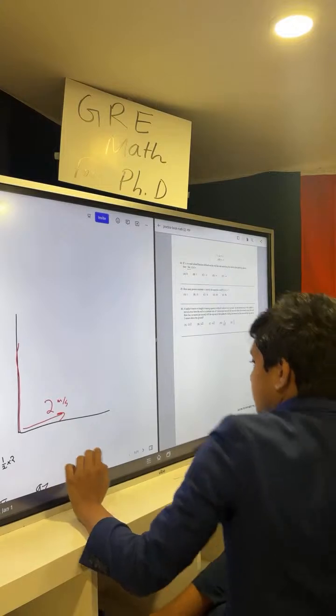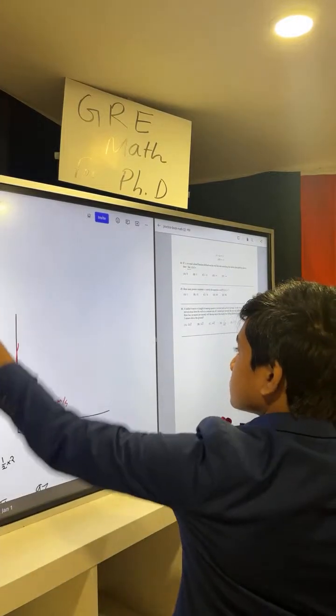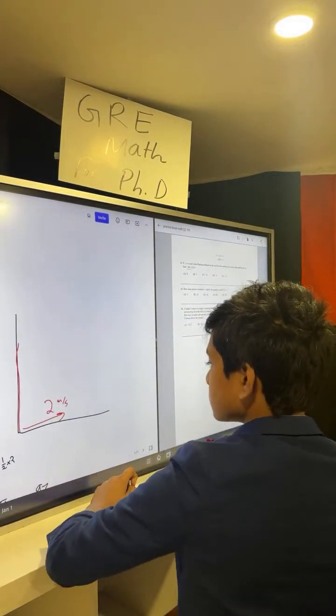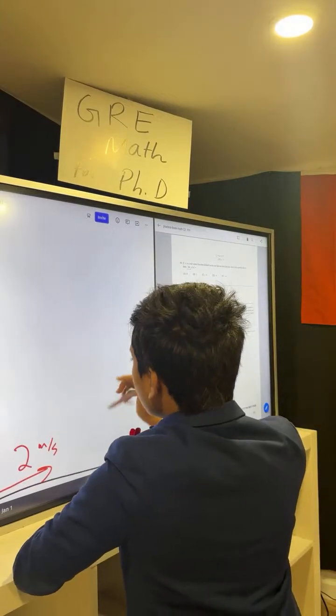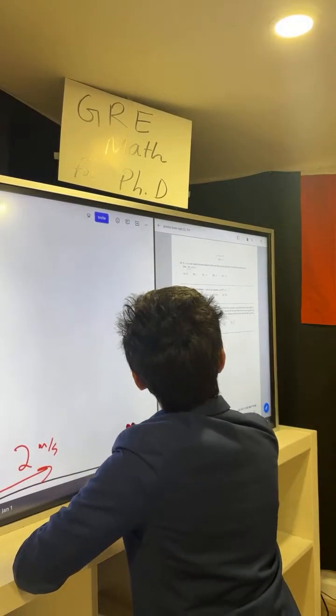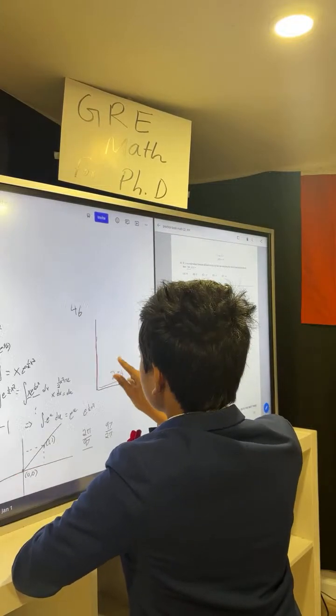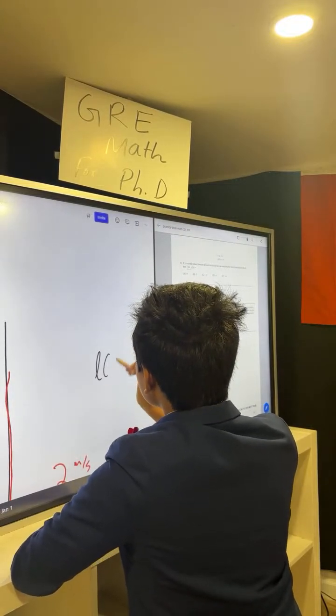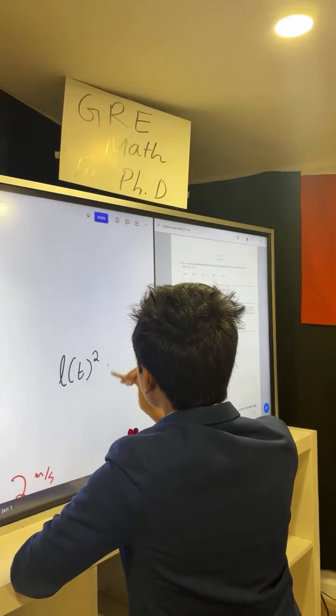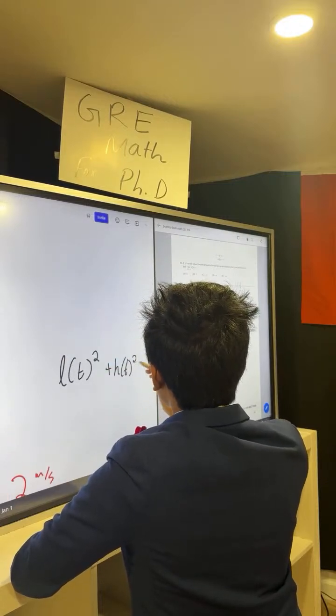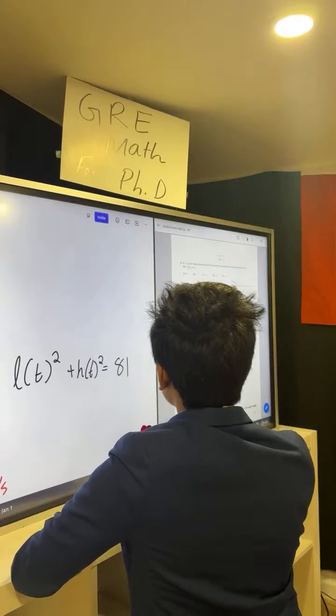Okay, so let's... So we know that we have the length and the height. So the length squared plus the height squared is always equal to 81, right?